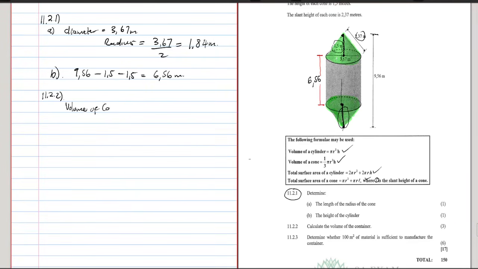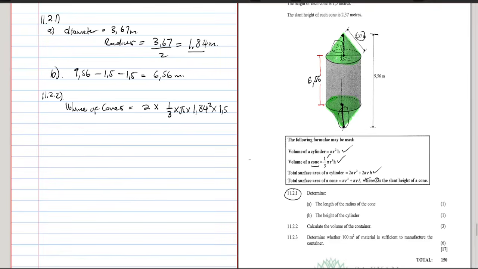So volume of cones is equal to 2 multiplied by volume of a cone. It's 1/3 multiplied by pi multiplied by the radius, 1.84 squared, multiplied by the height of 1.5.